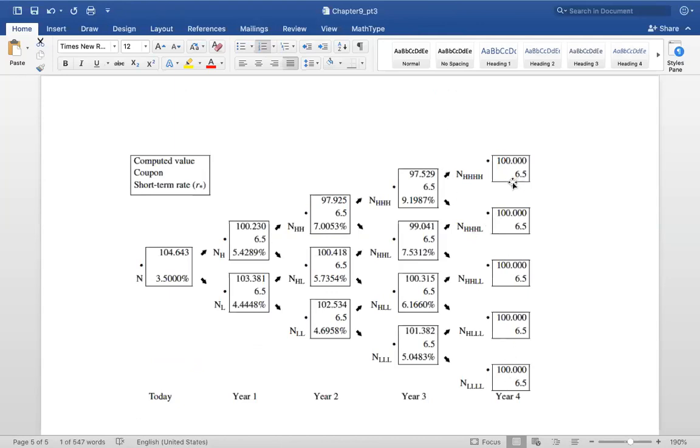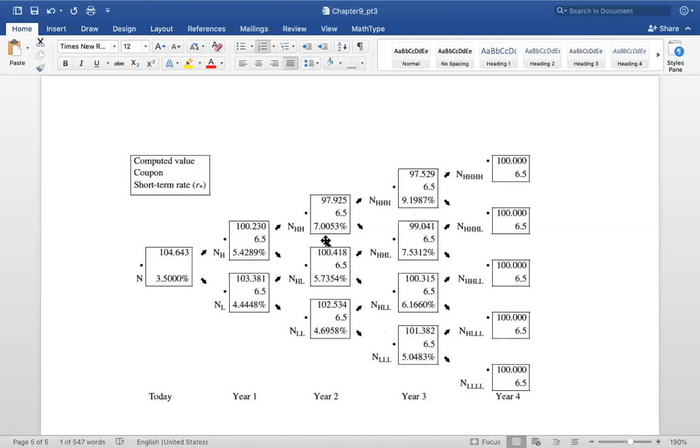If you want to calculate this value, what you need to do is discount back both of these cash flows plus coupon at 9.1987% and then take the average.